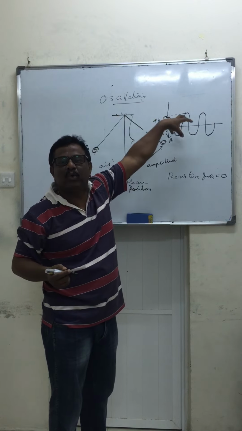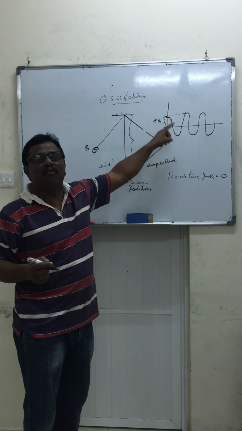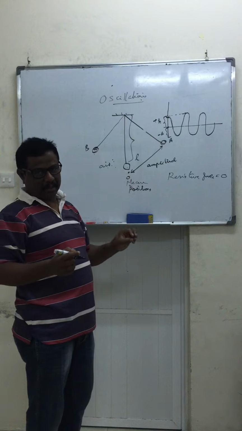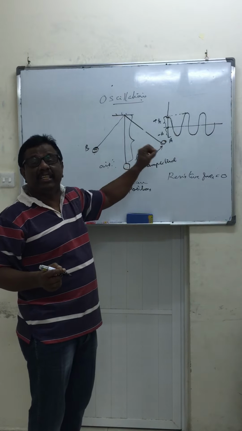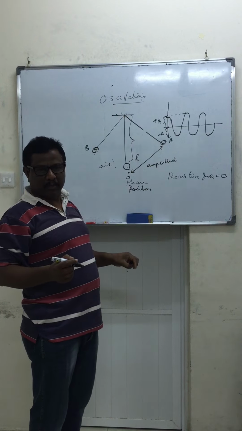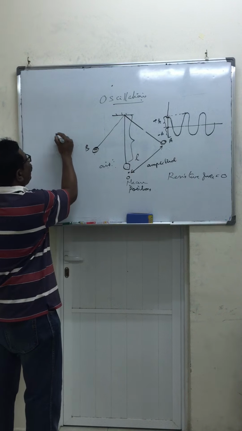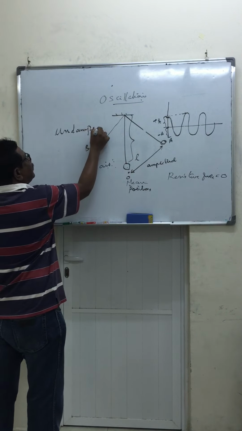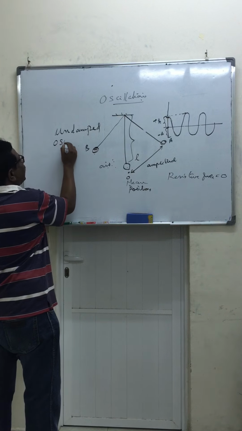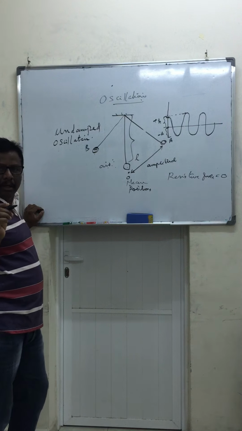The conclusion is, in this type of oscillation, the amplitude of oscillation remains the same. The reason is there is no opposing force. This type of oscillation is called undamped oscillation.